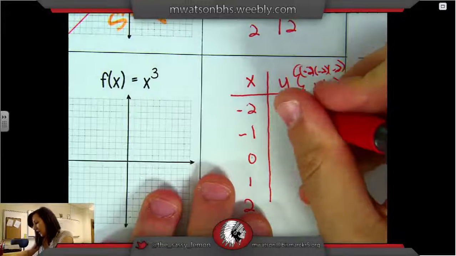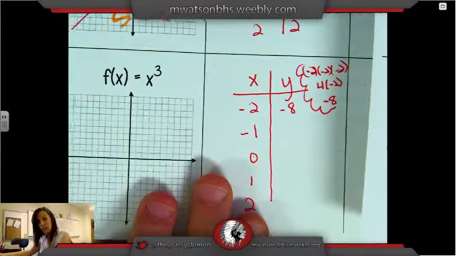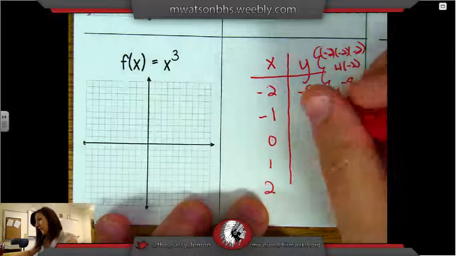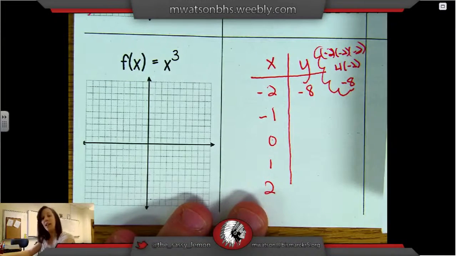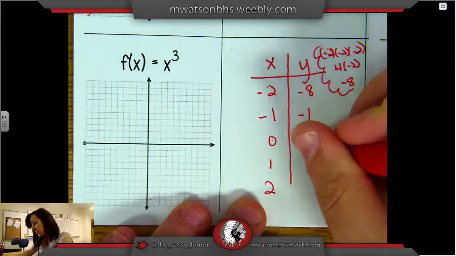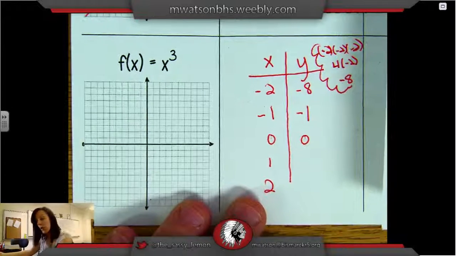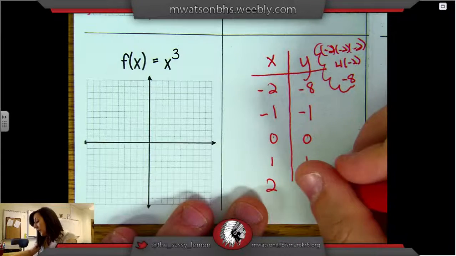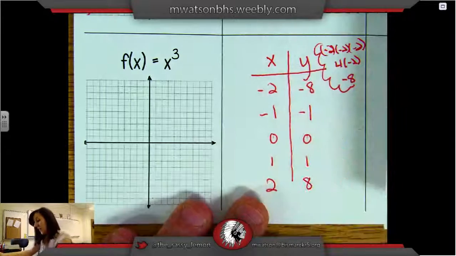So here our y value is -8. When you cube -1, -1 times -1 times -1, it's going to be -1. 0 cubed is 0. 1 cubed is 1. And 2 cubed is +8.